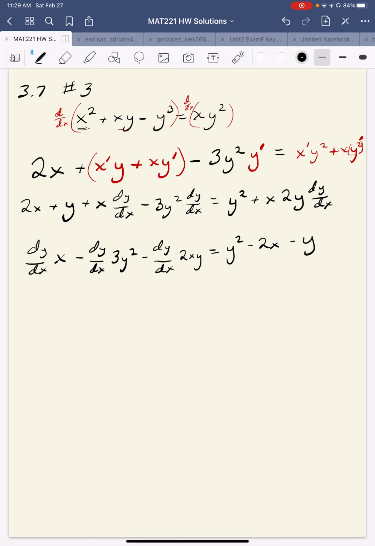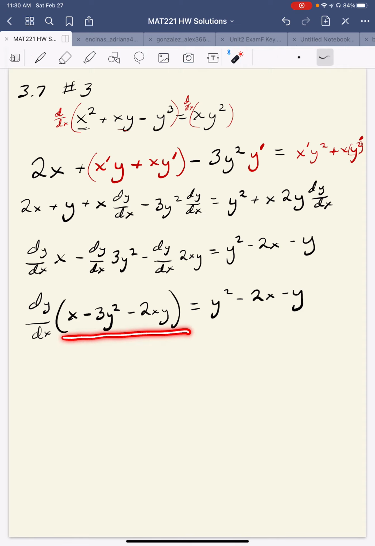Okay, now I'm going to factor out the dy dx term. So this dy dx times x minus 3y squared minus 2xy is equal to y squared minus 2x minus y. Now I can get dy dx by itself just by dividing by this entire term here.